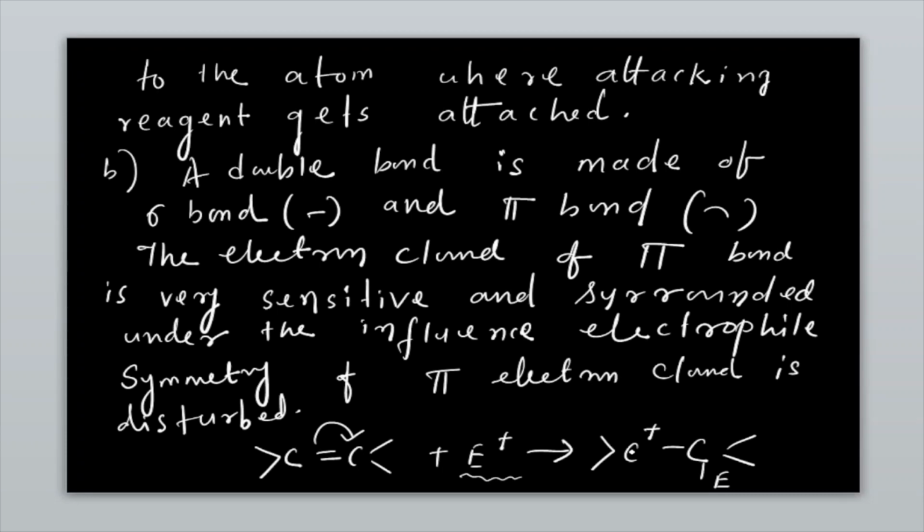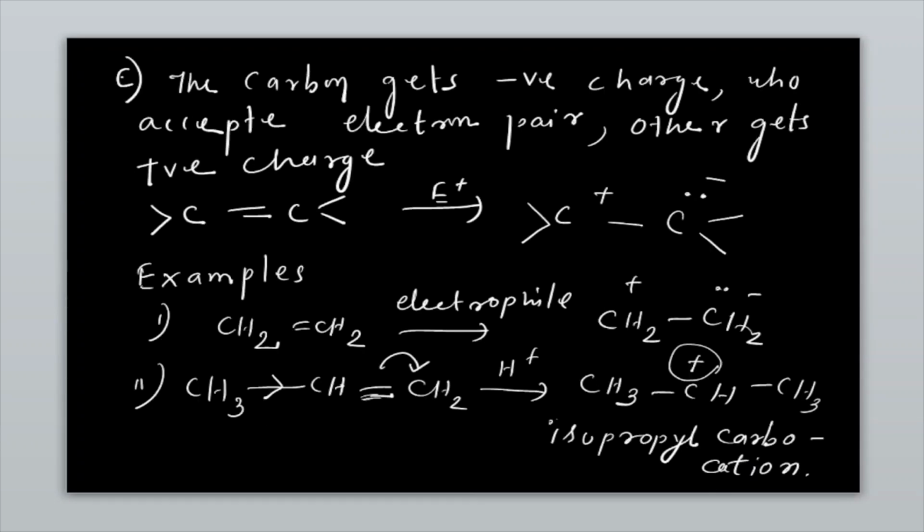Then what is the example here? See, the carbon that accepts the electron pair gets a negative charge. There are two carbons in a double bond. One side accepts the electrons and occupies a negative charge, and the other one gets a positive charge.